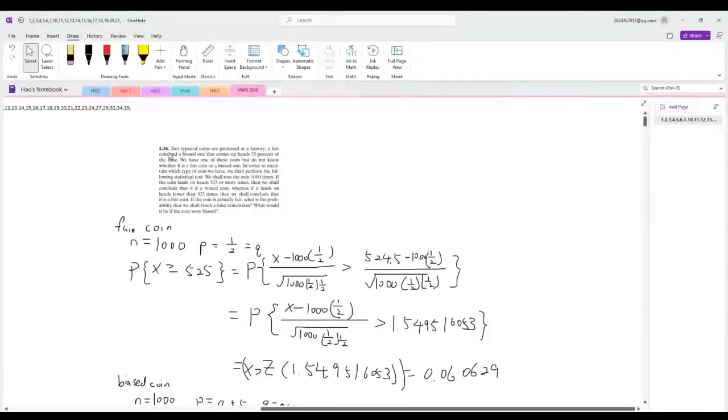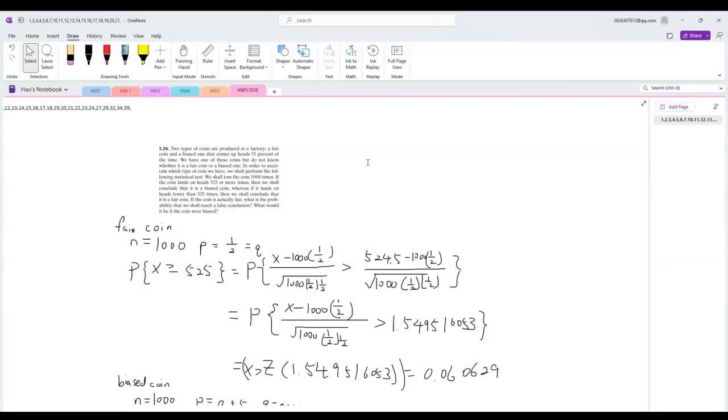Question 5.26. Two types of coins are produced at a factory: a fair coin and a biased one that comes up heads 55% of the time. We have one of these coins, but do not know whether it's a fair coin or a biased coin. In order to ascertain which type of coin we have, we shall perform the following statistical test.